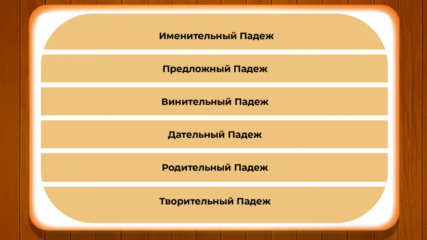These cases in Russian grammar are very important, because as per the requirement of the sentence and the context, we use different kinds of cases, and each and every case has a list of verbs which are used in these particular cases as well.